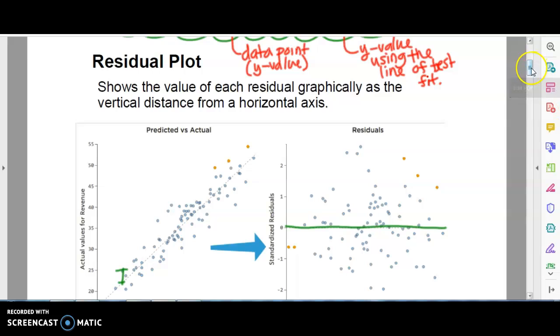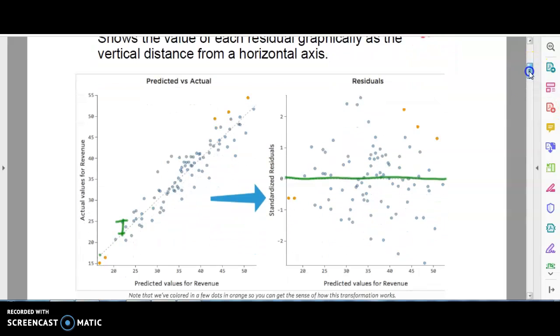If we look below here, we have our scatter plot, where you see all the points plotted and the dotted line, which represents our line of best fit. On the right side, we have our residual plot. All of these points have been transformed over to our residual plot, and they are plotted based on how far they are from the line of best fit over here on the left.